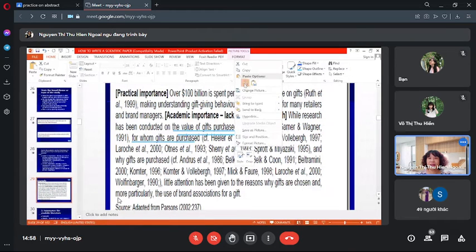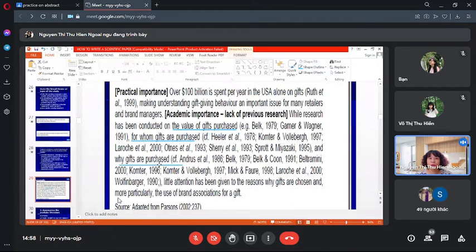And then the third one, why gifts are purchased. So many studies are on the value of gift purchase, like Bach, Gardner. So many studies have already been done on for whom gifts are purchased, like Hiller, Comter, Rarost, Honors, Series, Sprott, etc.